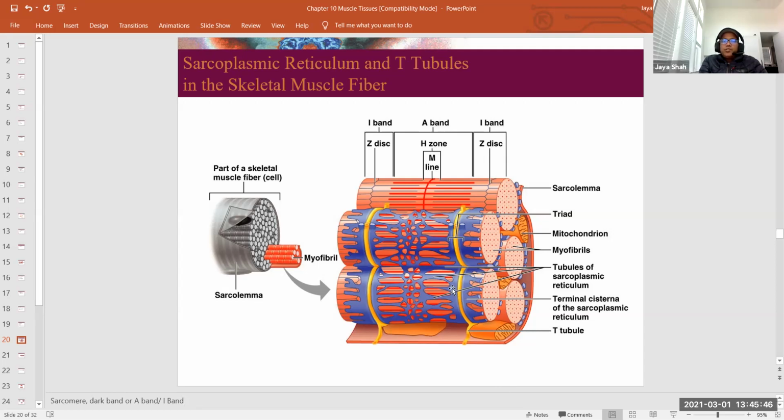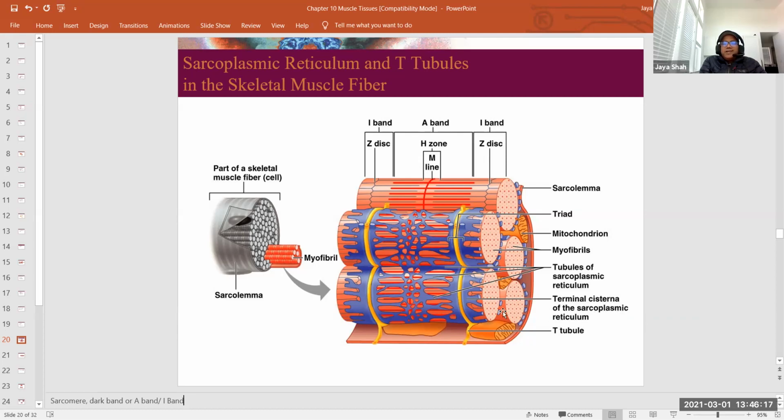Outside the T-tubules, you see these blue tubules of sarcoplasmic reticulum. These reticulums are smooth endoplasmic reticulum. Just near the T-tubule, you have a dilated part of the sarcoplasmic reticulum, called the terminal cisternae.